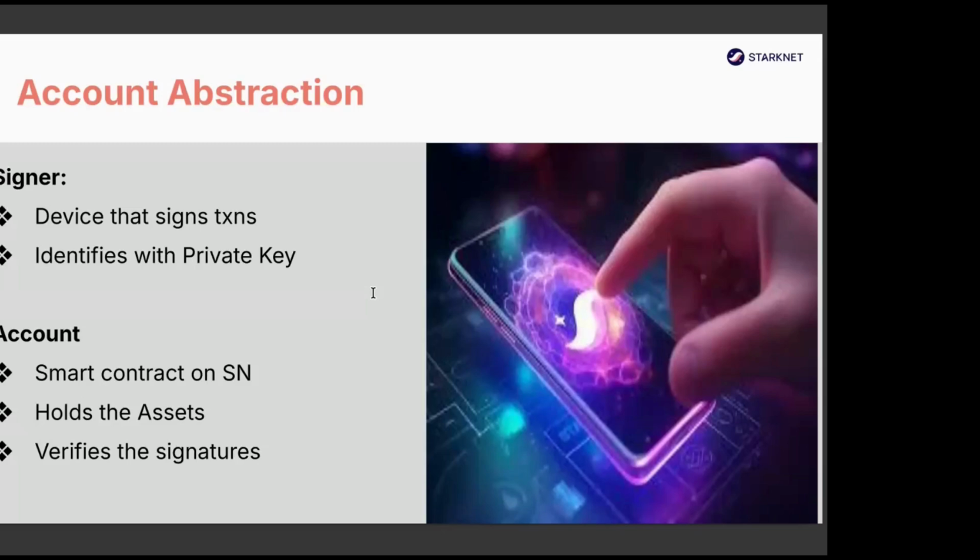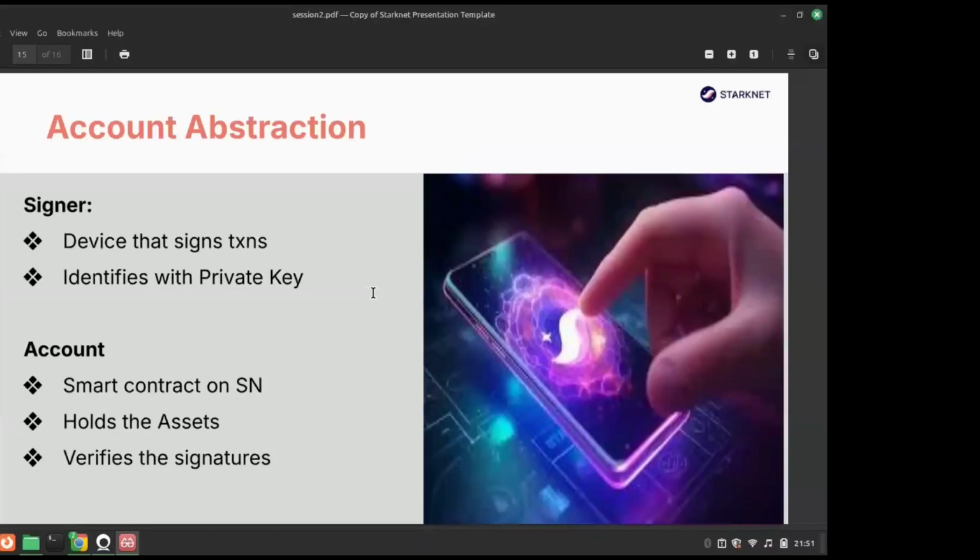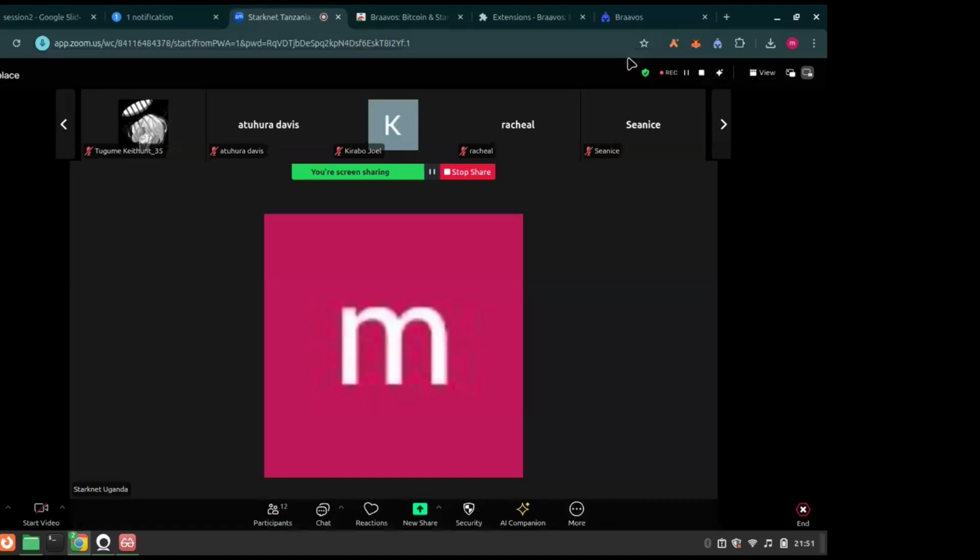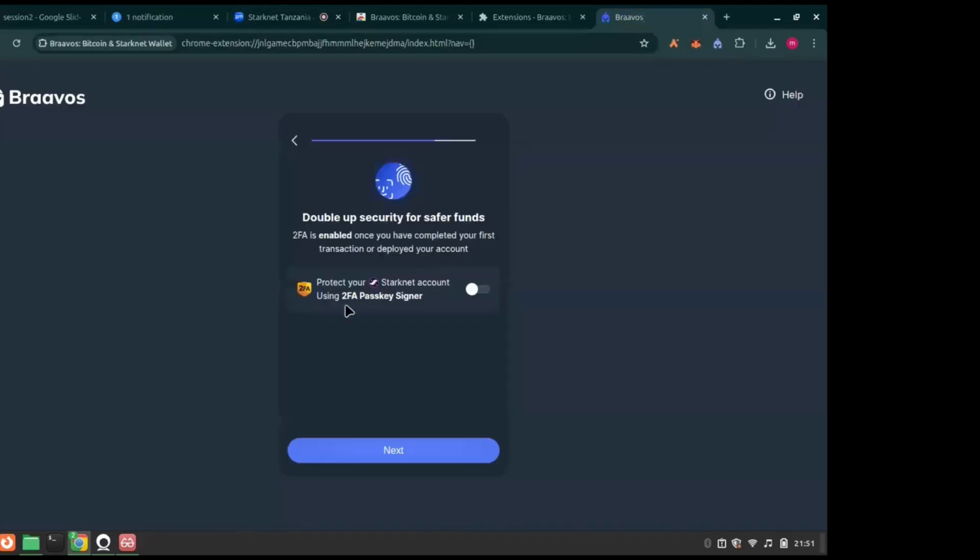on Starknet, there is what we call a signer and an account. I was still talking about the wallet. So Braavos, for example, we saw that right here it gives me an option to add 2FA. So since this wallet is a signer, I want us to understand a signer as a device.